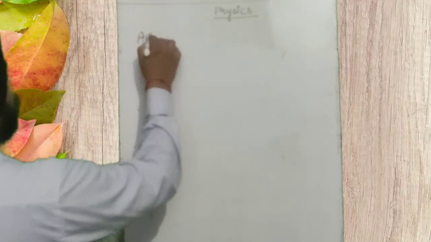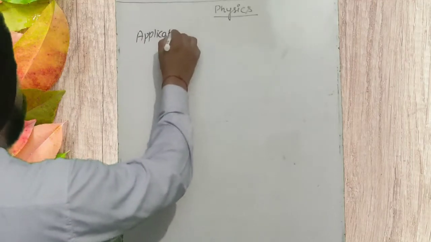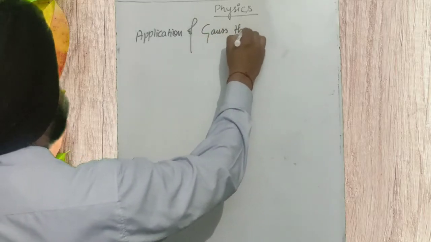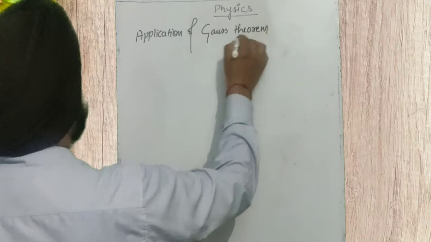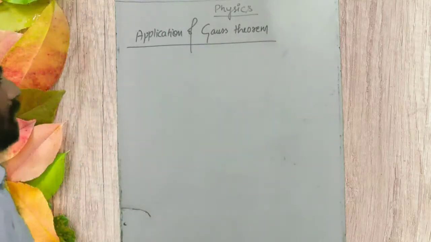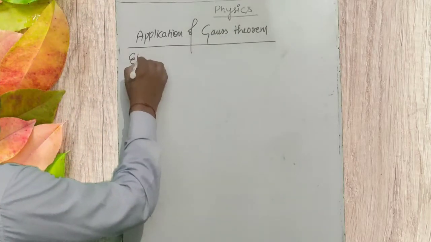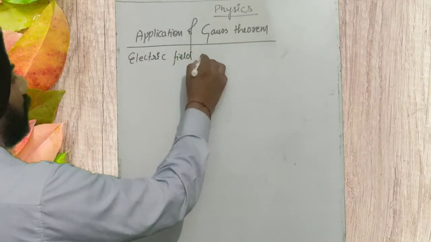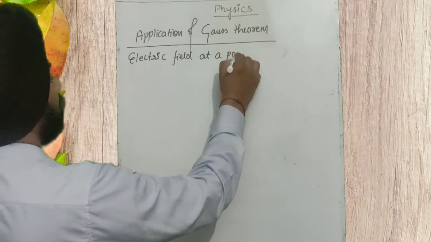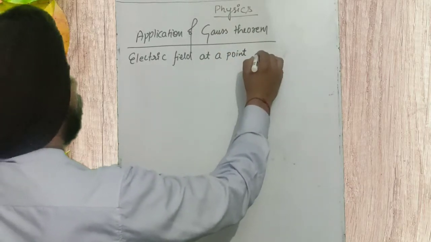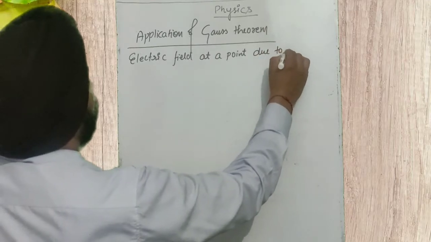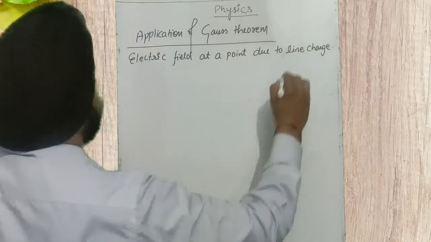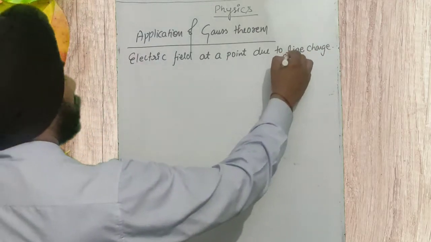Application of Gauss theorem: we are going to find the electric field at a point due to a line charge.